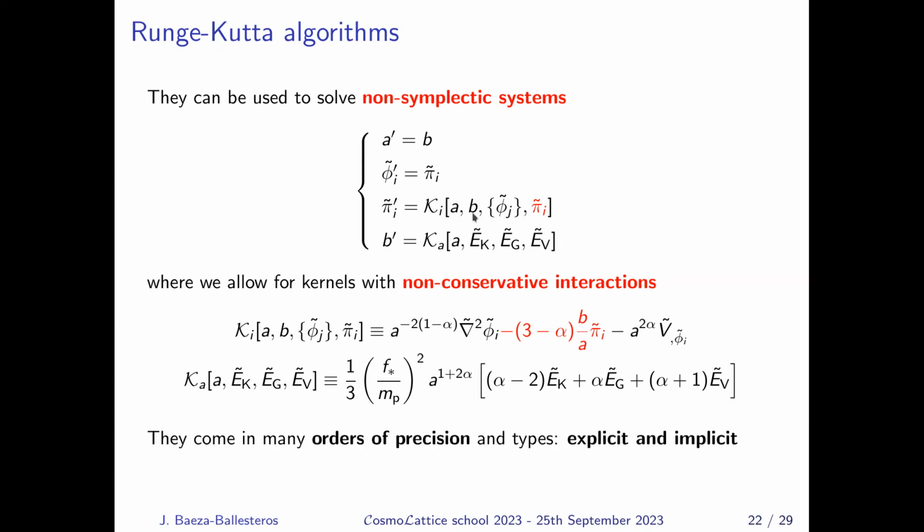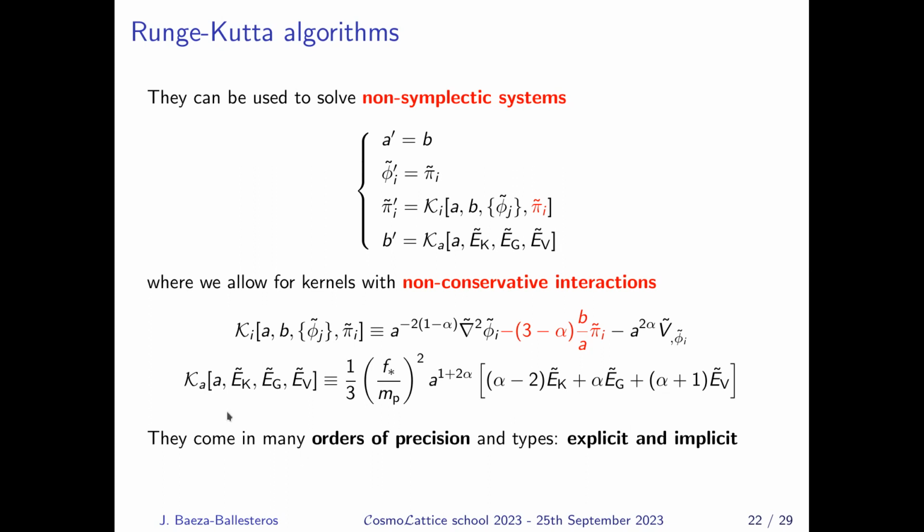And again, there are plenty of Runge-Kutta algorithms, different versions of implementing them. You can have different orders of precision. You can have algorithms that go to order time step squared, to order time step to the fourth, to order time step to the sixth, etc. And you have also explicit and implicit algorithms, depending on whether the internal time steps they do are constant, are fixed, or they are adaptive.